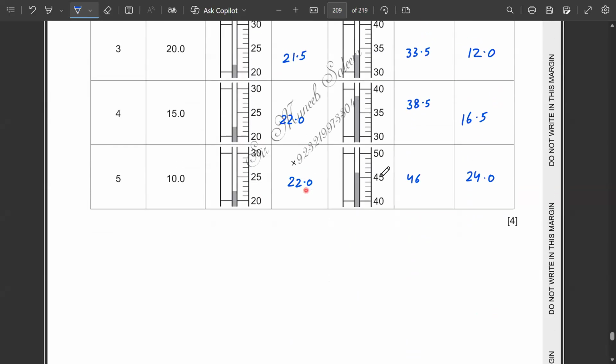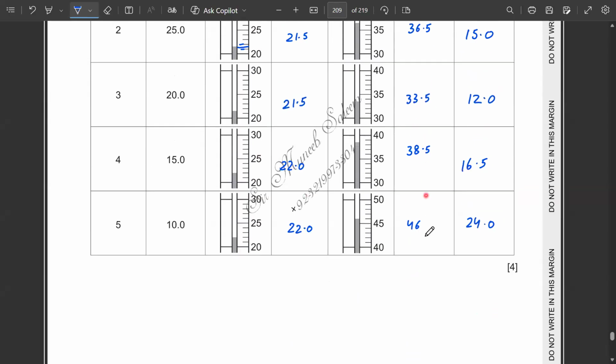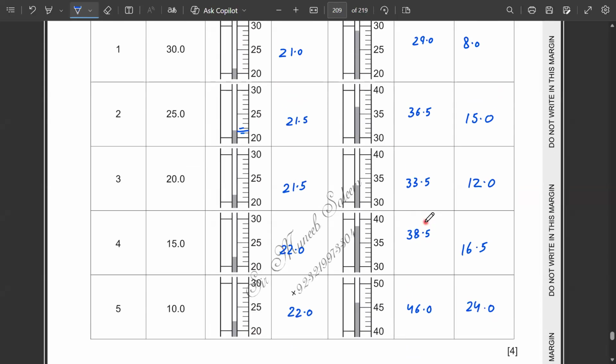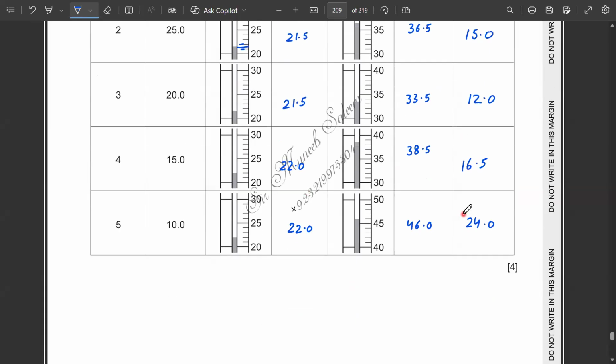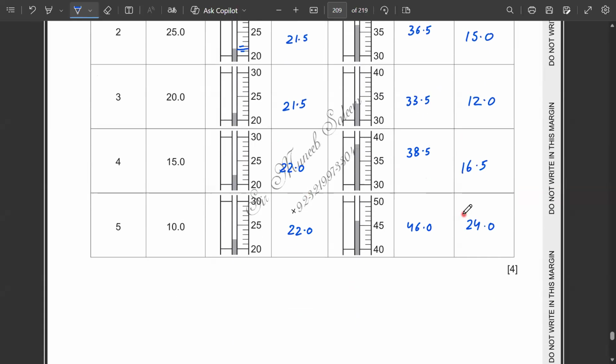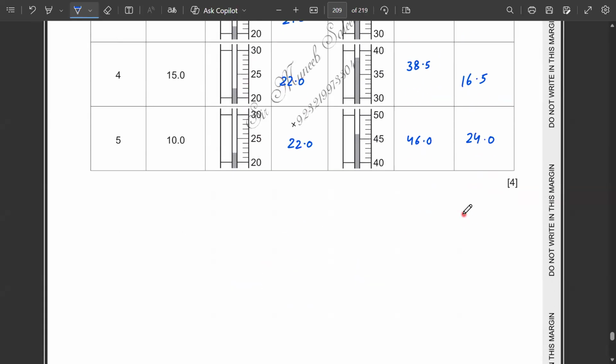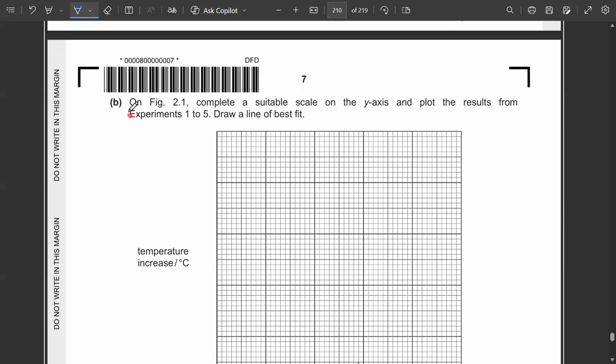So be very careful while you are writing. In fact, I made a slight mistake here as well. So 46.0. I have to look at all the values over and again to see if I'm making any mistake or not. So do the same whenever you are doing your actual CA exam. Now B part.